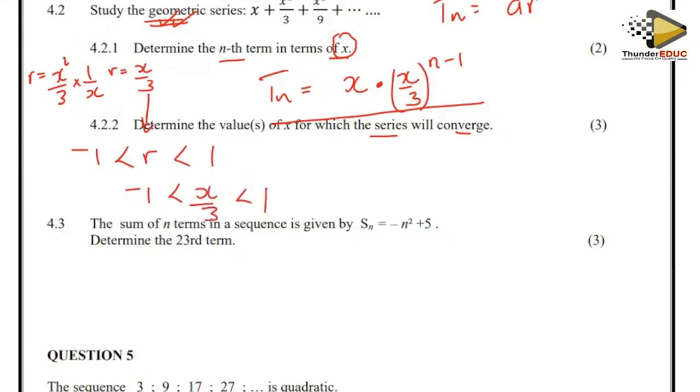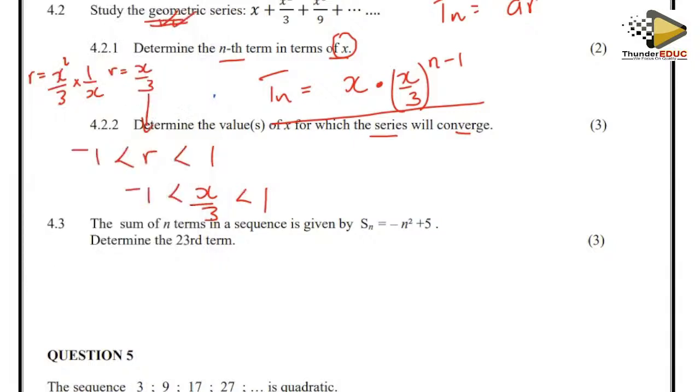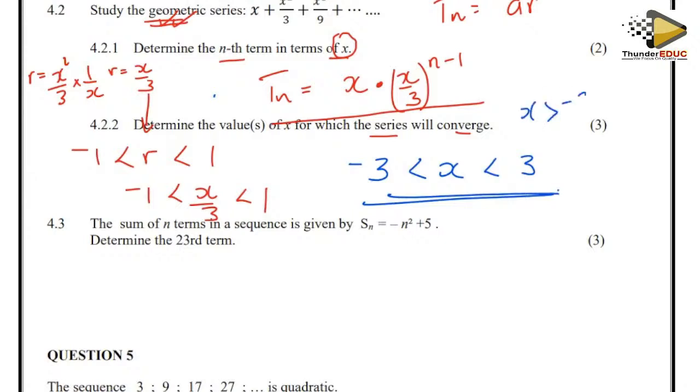Then for us to leave x alone in the middle, just multiply through by 3, which means it's -3 is less than x and x is less than 3. So that will represent the condition under which this series will converge. Alternatively, since -3 is less than x, which means x is greater than -3, but then x will be less than 3. You can also indicate it in that sort of format. There is no problem.